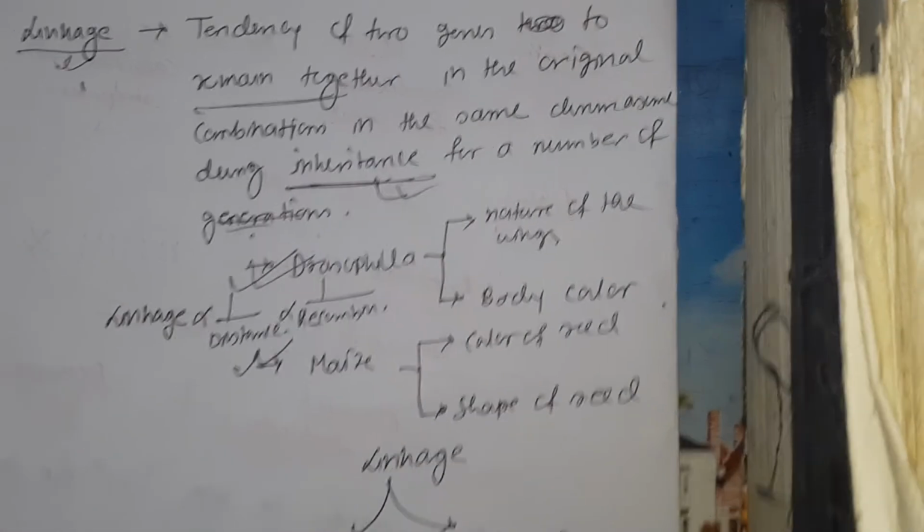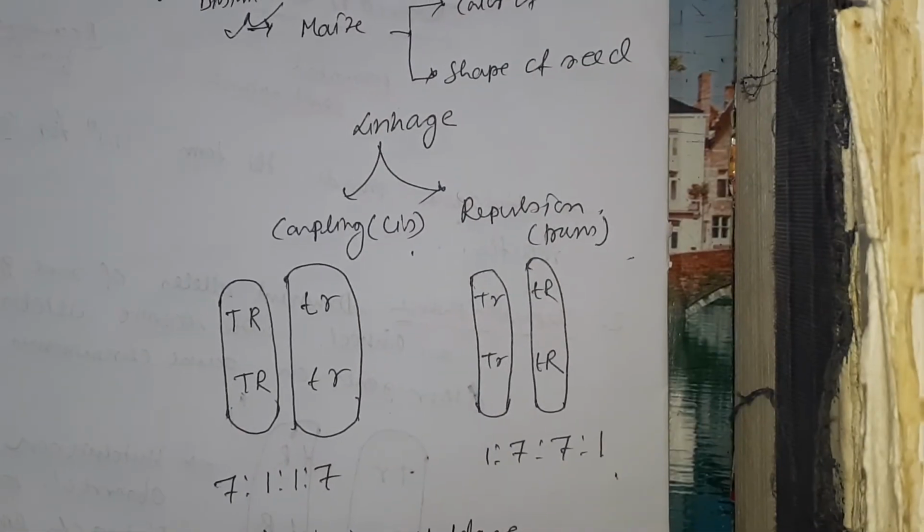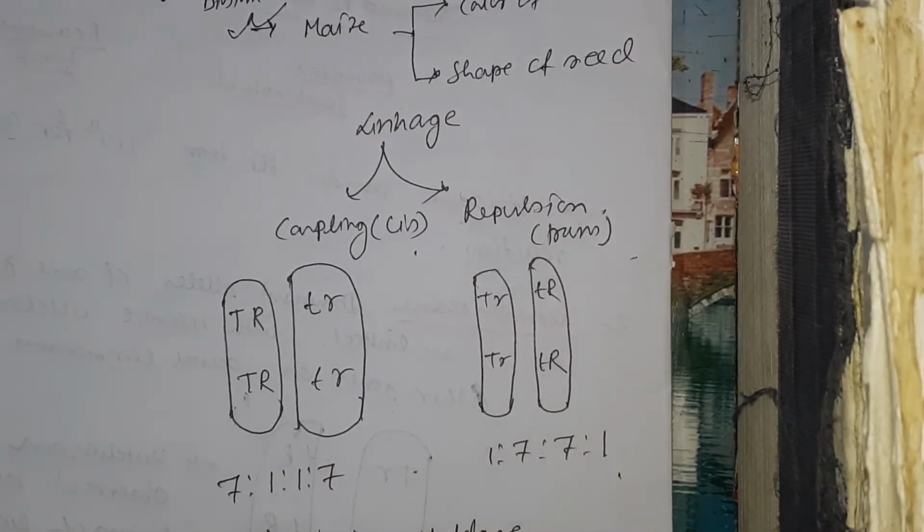Linkage is shown between a dominant and a recessive allele, and the coupling and repulsion phases are something of that kind.